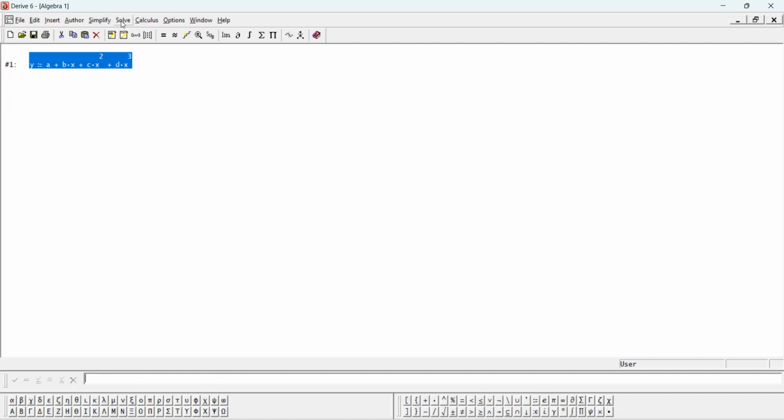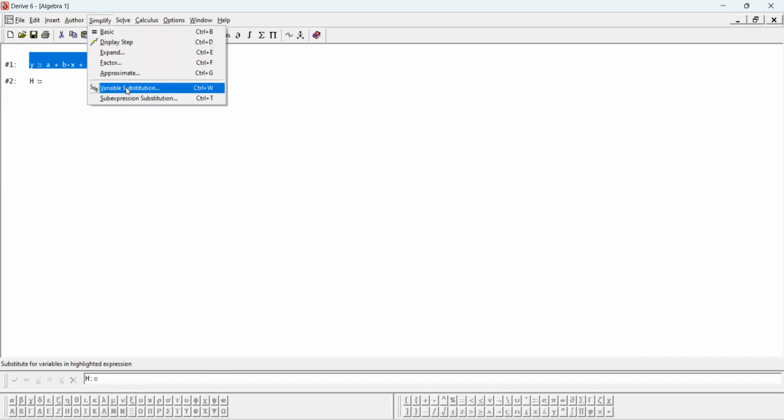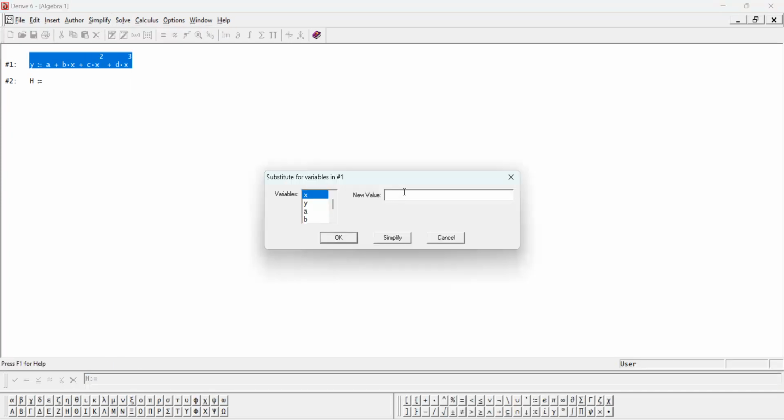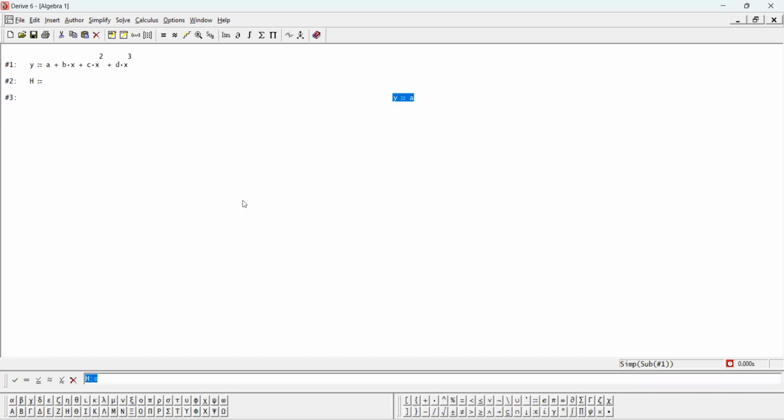You can go here and say simplify. First of all, I think we need to define the variable. Now we can say simplify, substitute variable, put x equal to 0, simplify. So y equal to a.